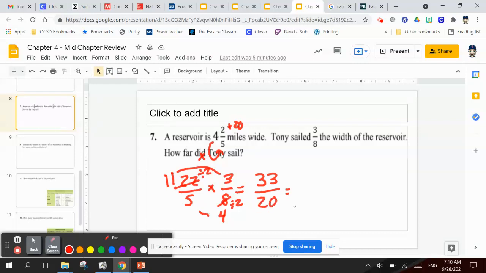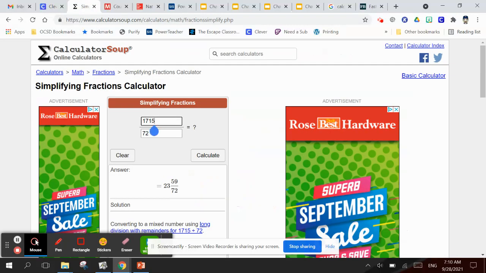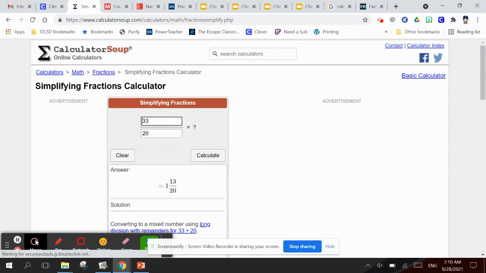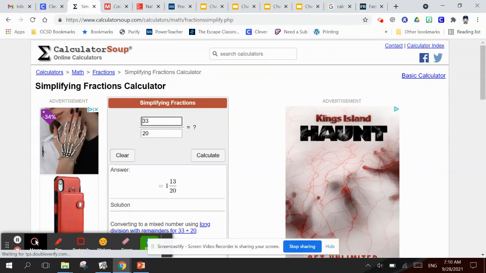And again, I would use my simplifying calculator for 33 twentieths. I hit calculate. You should get 1 and 13 twentieths. And there it is.